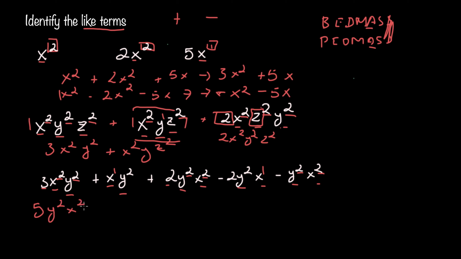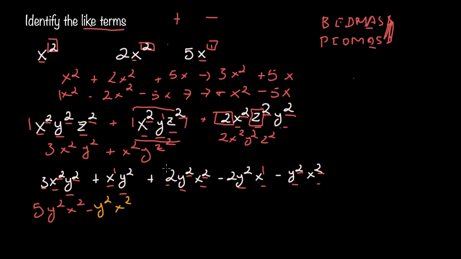We're not multiplying or dividing here, so we're not going to add the exponents. We're going to keep the exponents the way they are. And then we're going to subtract y squared x squared. We're going to keep that there, but we're not going to continue with the calculation until we do all the addition first, so that we're not confused.